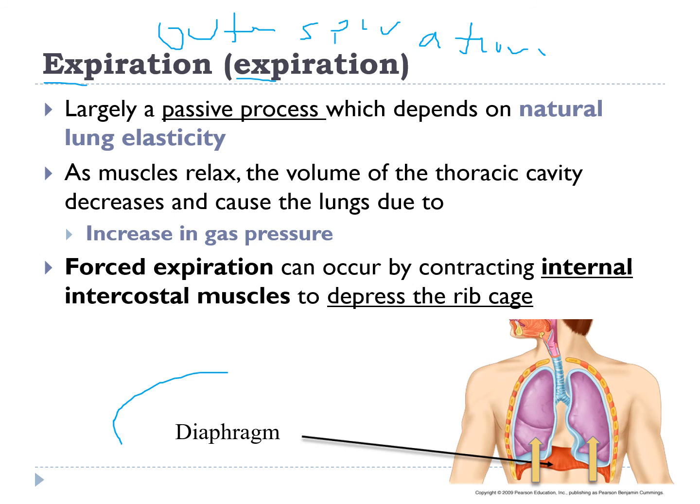So what happens for expiration is that you have just finished inspiration, so your diaphragm is down here, and then your diaphragm relaxes. When your diaphragm relaxes, it returns to its original position, which means the base of the lungs, which are attached to the diaphragm, return upward to their normal relaxed shape.